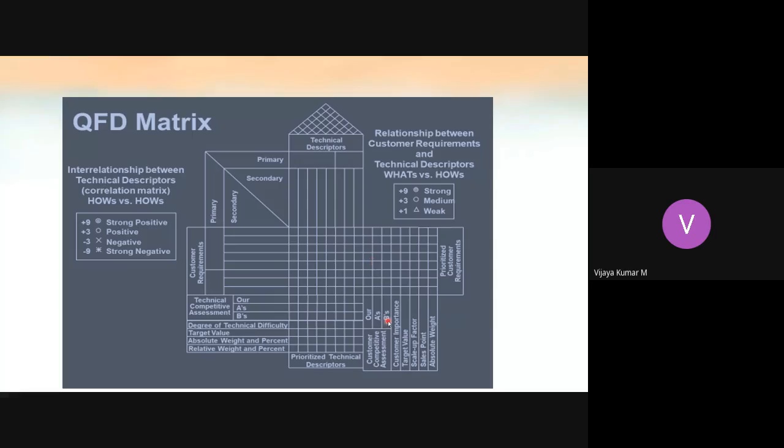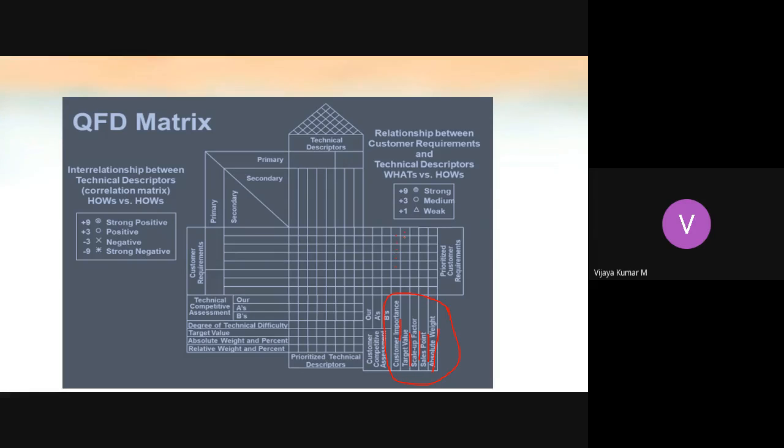While doing that assessment, there are some other things called customer importance, target value, scale up factor, sales point, and absolute weight. These are the 5 parameters you will check among your company and the other companies. Customer importance, target value, scale up factor, sales point, and absolute weight. We will calculate all these things here.